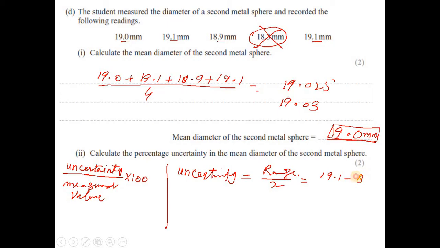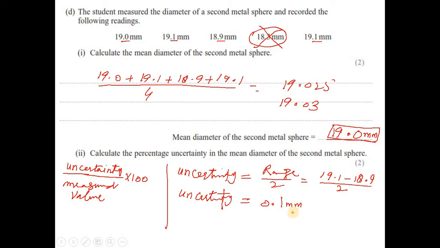So the uncertainty is 19.1 minus 18.9, which is 0.2, and 0.2 divided by 2 gives you 0.1 millimeter, and this is your uncertainty.